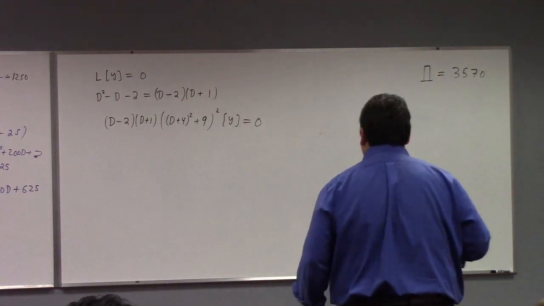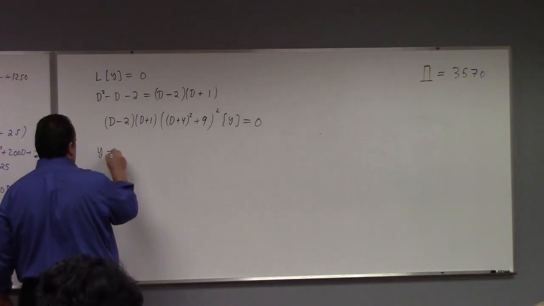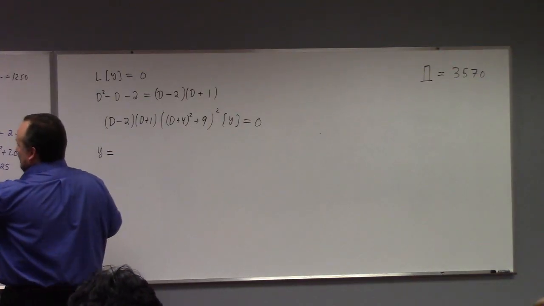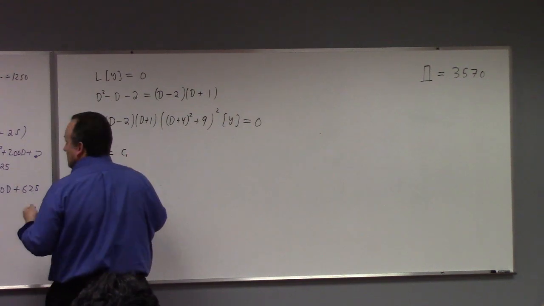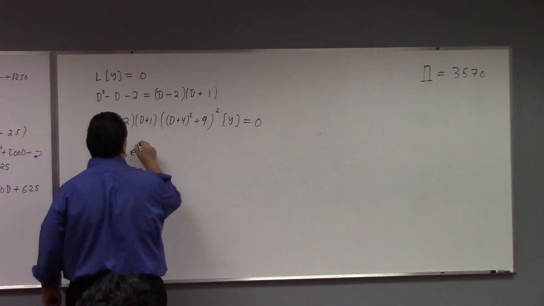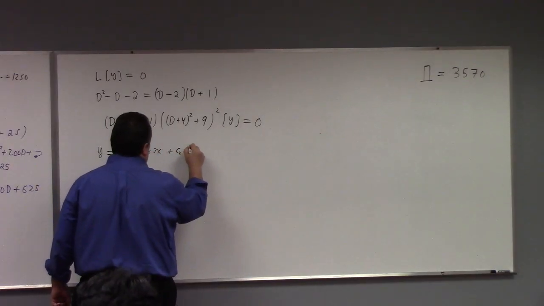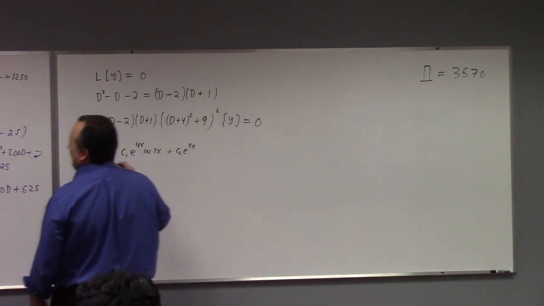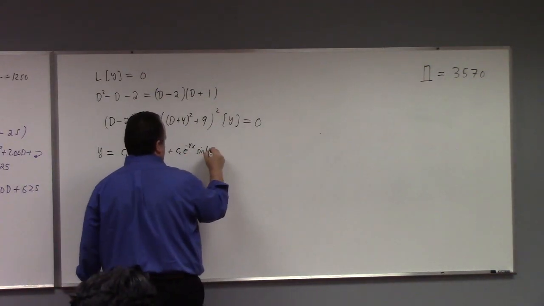Once I tell you x e to the minus 4x cosine 3x is a solution, it should be immediately obvious to you that we have e to the minus 4x cosine 3x and c2 e to the minus 4x sine 3x, right? These come along.